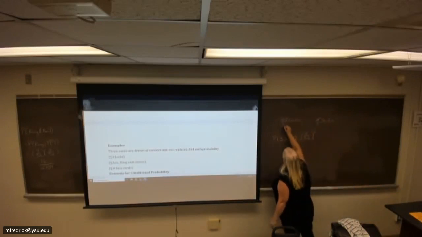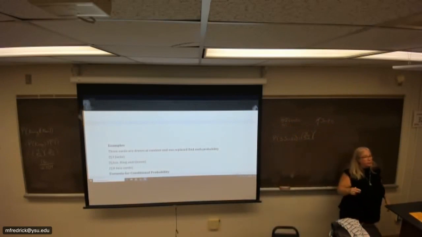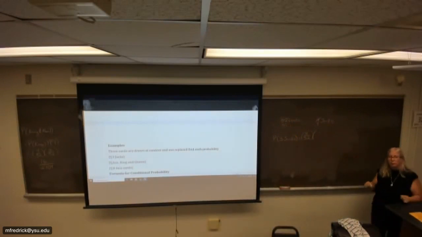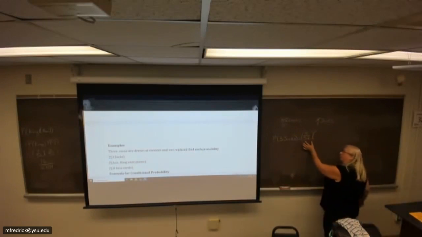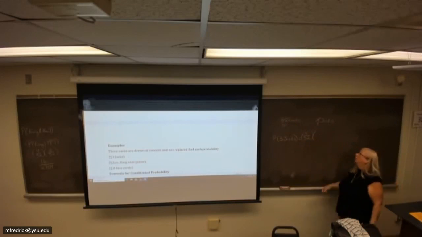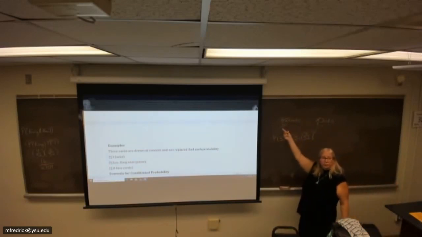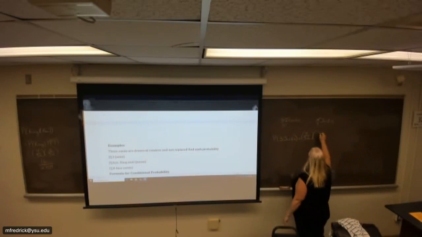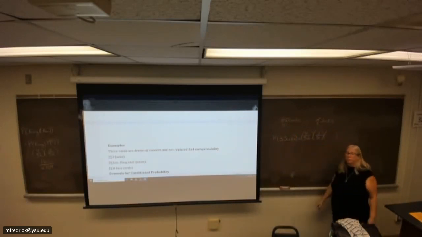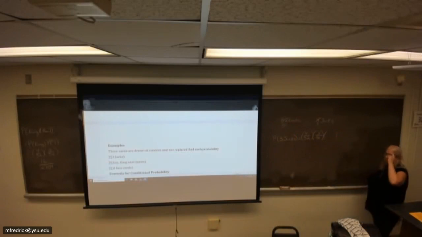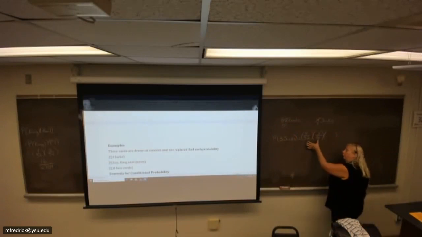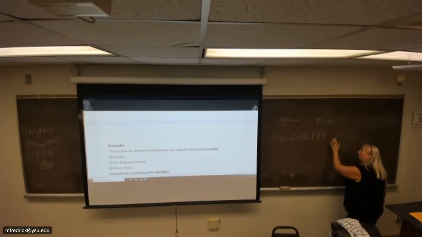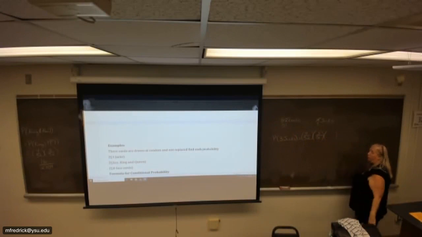And there's only 51 cards. So we've changed the next probability. So given this occurred, what's the probability the next one's a jack? 3 out of the 51? Given that the first 2 were jacks, what's the probability the next one's a jack?